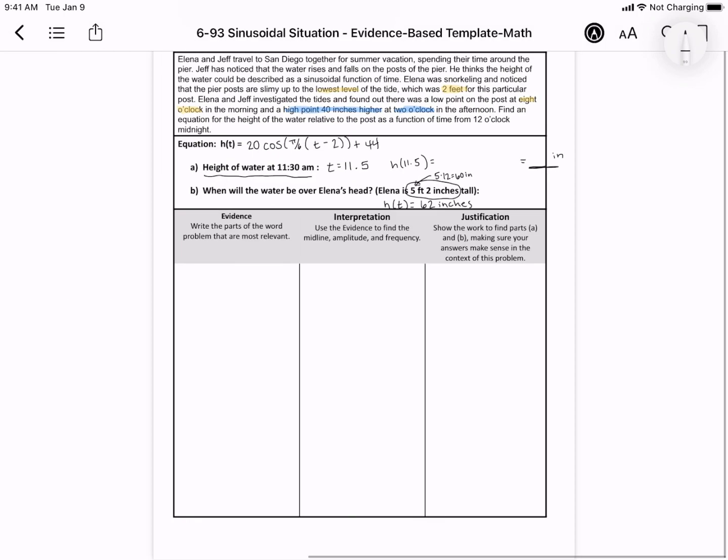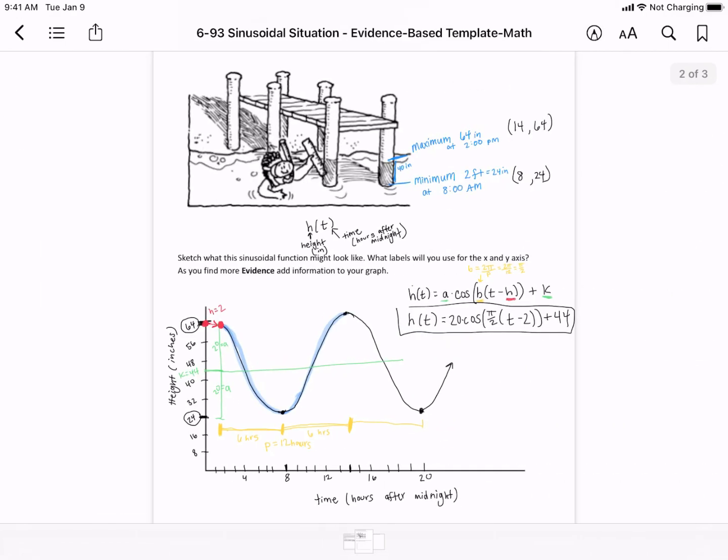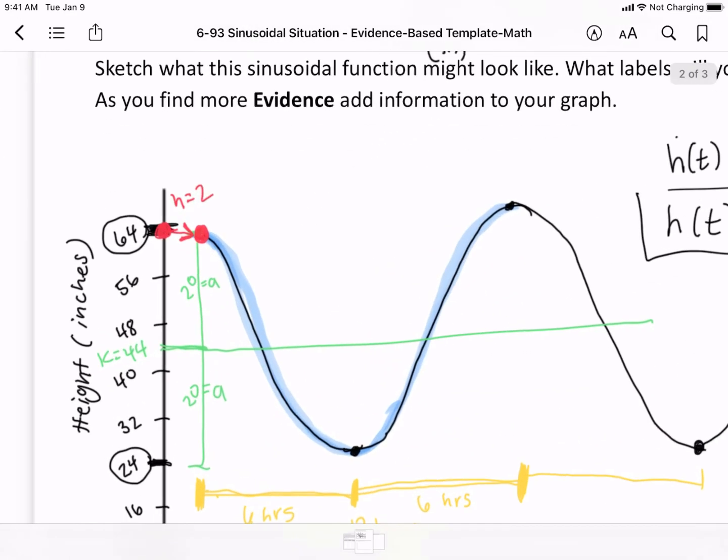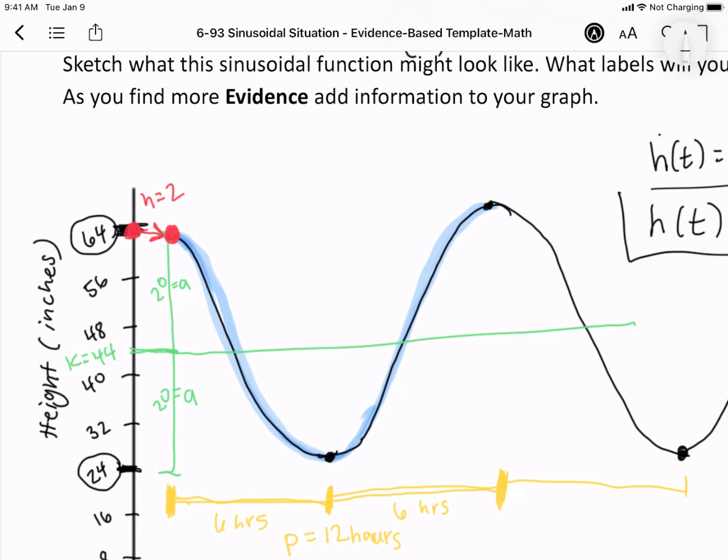So you would go back to the graph and try to figure out the time that the graph is at 62. And what you can do is you can also use Desmos. So you can graph this line.